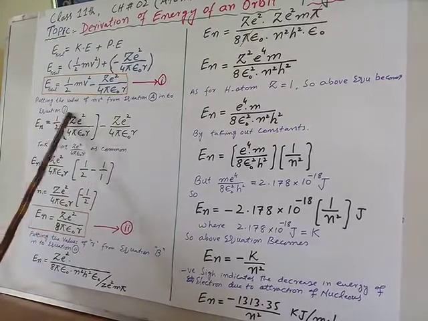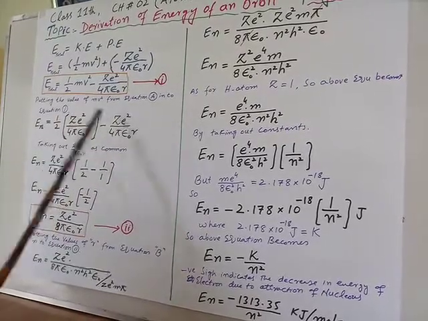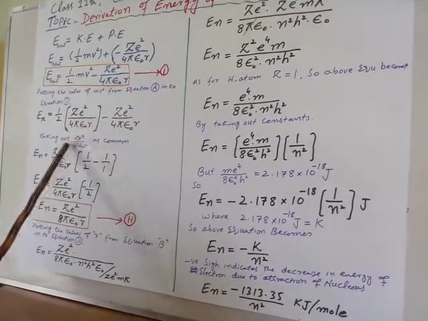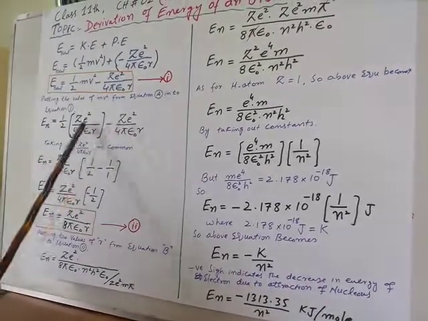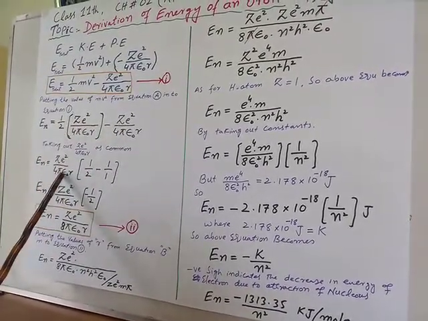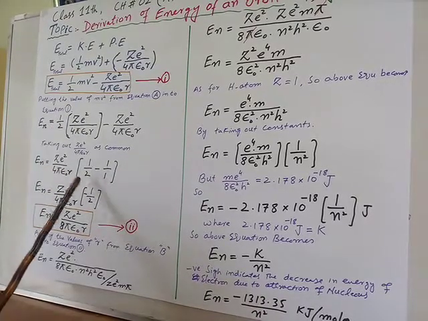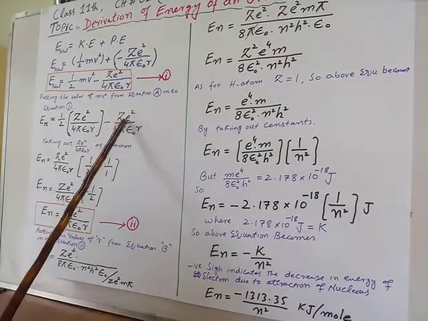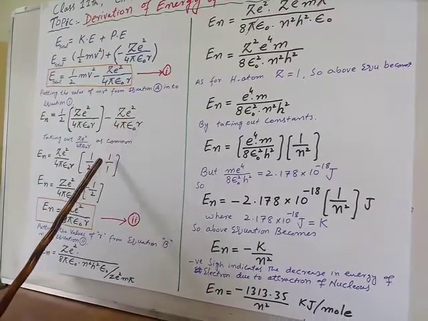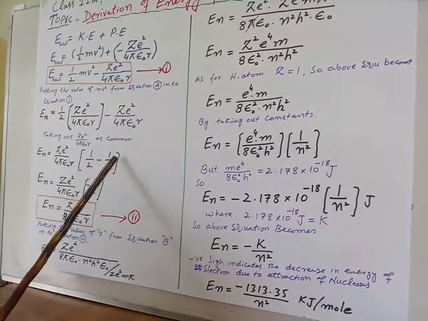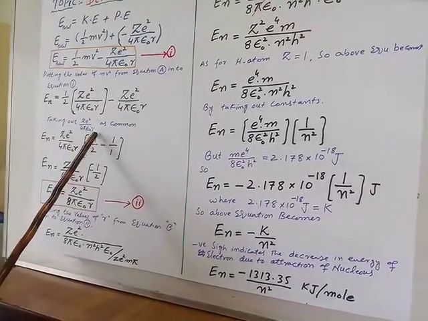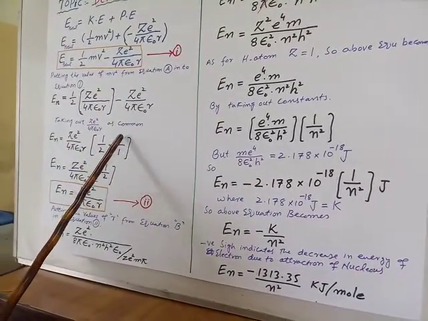So these two terms are common. Taking out Ze square over 4 pi epsilon naught r as common, we get 1 by 2 remaining here, and 1 remaining here. We know the denominator of any number is 1, so we get 1 by 2 minus 1.